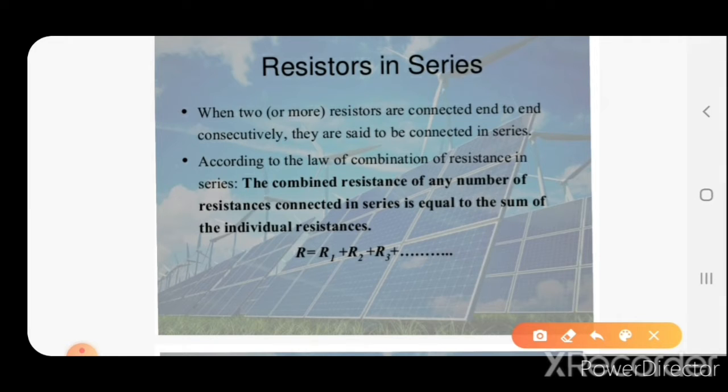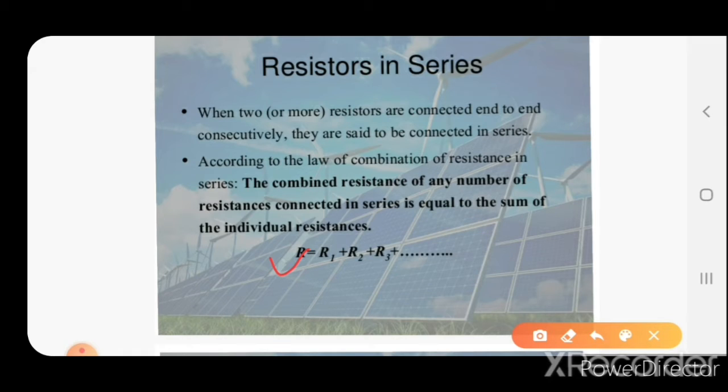According to the law of combination of resistances in series, the combined resistance of any number of resistances connected in series is equal to the sum of the individual resistances.